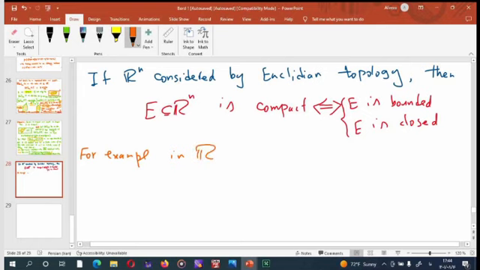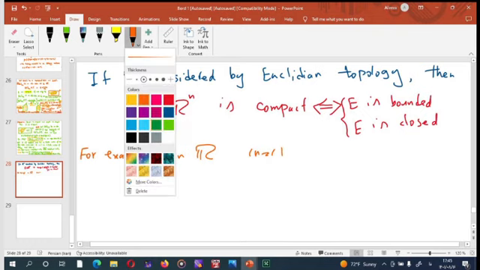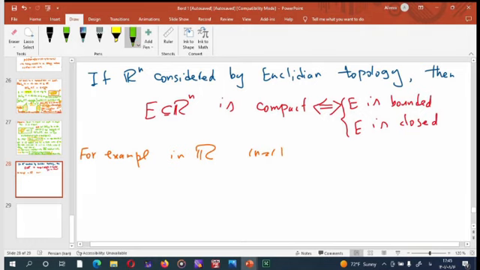in R, in case n equal to 1, okay, this set is not compact because it is not closed.